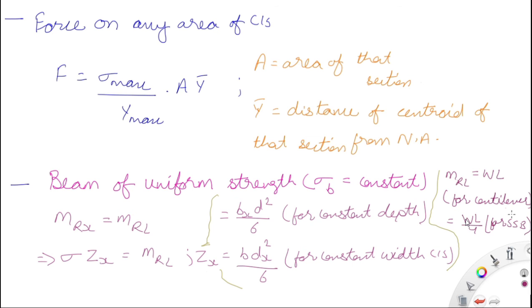Okay, so you can put this MRL value here and you can find the sigma value according to the Zx. At any point X you can find the sigma value. Okay, so thank you.